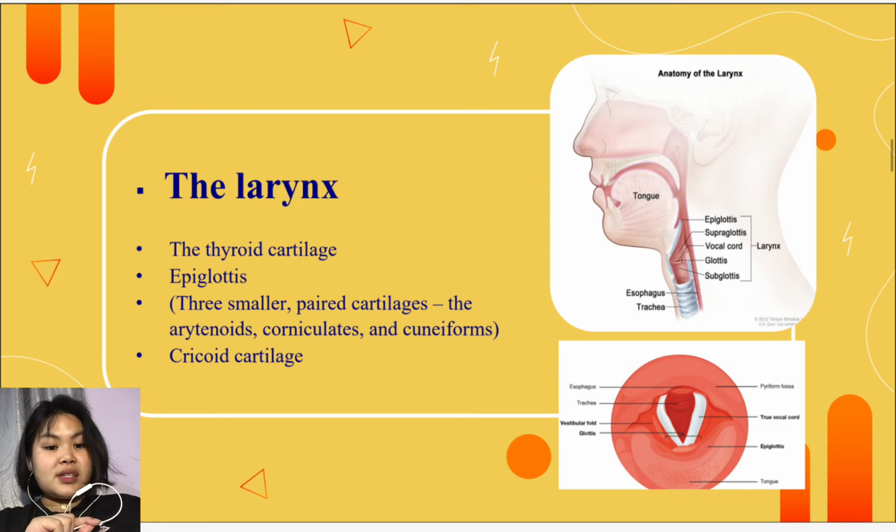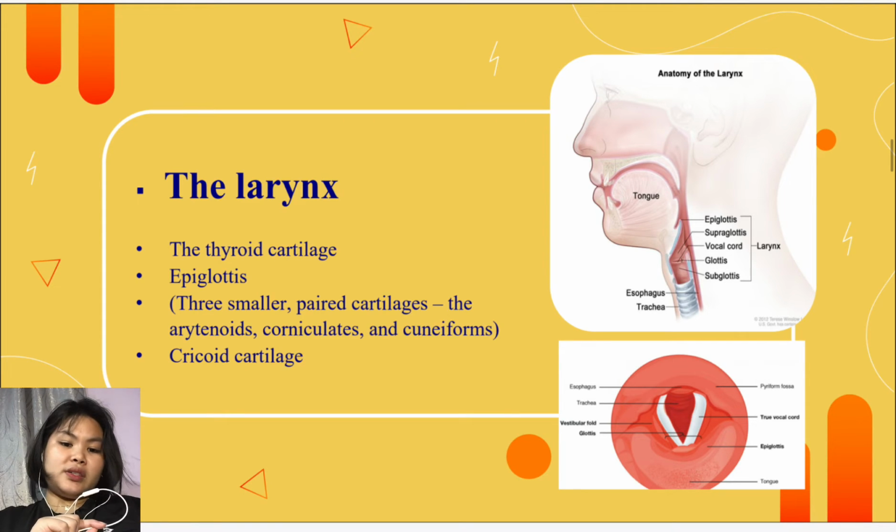The glottis is composed of the vestibular folds, the true vocal cords, and the space between these folds. Along with the epiglottis, we have 3 smaller paired cartilages: the arytenoids, corniculates, and the cuneiforms. Lastly, we have the cricoid cartilage.